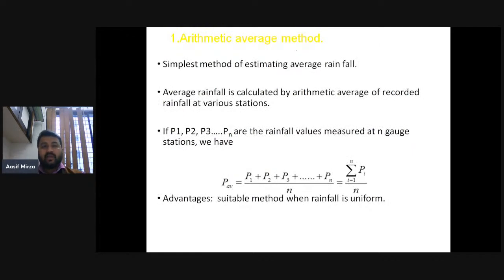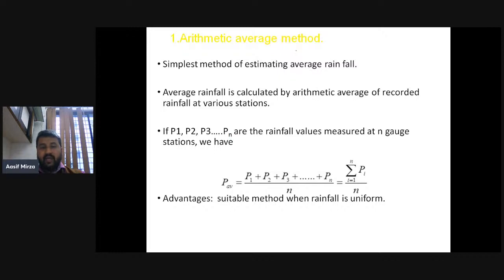The arithmetic average method is the simplest method of estimating average rainfall. Average rainfall is calculated by the arithmetic average of recorded rainfall at various stations. If P1, P2, P3 up to Pn are the rainfall values measured at n number of gauges, we have the equation P average equals P1 plus P2 plus P3 plus up to Pn divided by the number of rain gauge stations.